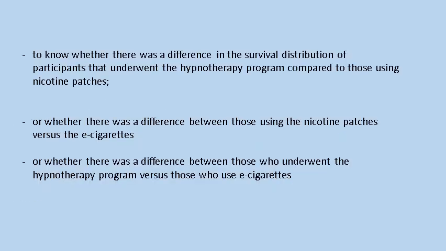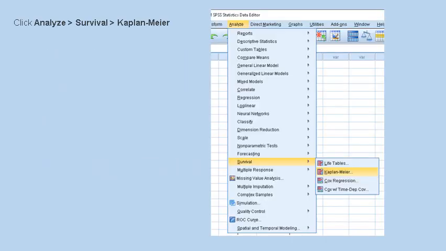Then we can know whether there was a difference in survival distribution of participants who underwent hypnotherapy program compared to those who are using nicotine patches, or whether there was a significant difference between those using nicotine patches versus the e-cigarettes, or whether there was a significant difference between those who underwent the hypnotherapy program versus those who use e-cigarettes. Okay, that's a use of this analysis, Kaplan Meier analysis.